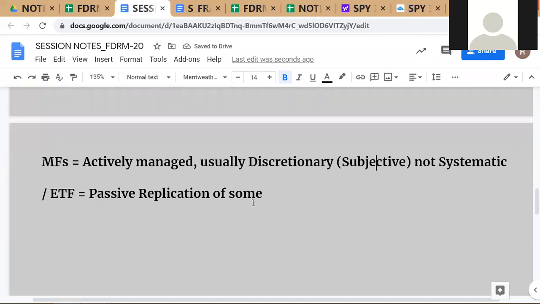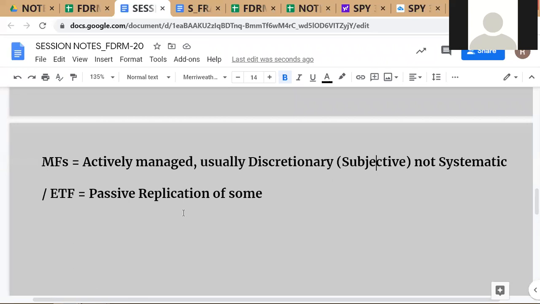Discretionary is subjective in the sense that there's some kind of heavy element of subjectivity in deciding that, I'm not going to buy Maruti, I don't like their prospects, I'm going to buy Toyota Motors, or I'm not going to buy ExxonMobil, I'm going to, in fact, instead buy British Petroleum. So these are very largely subjective decisions, although they are based on some fundamental analysis.